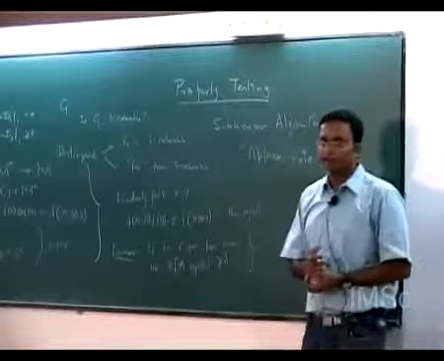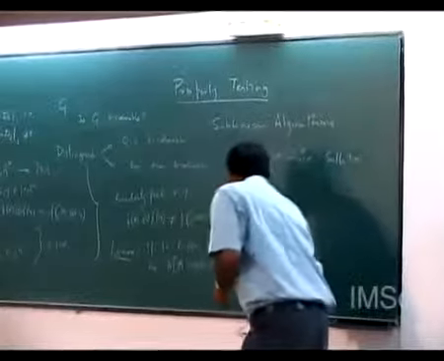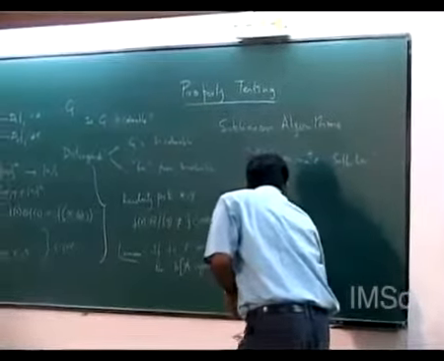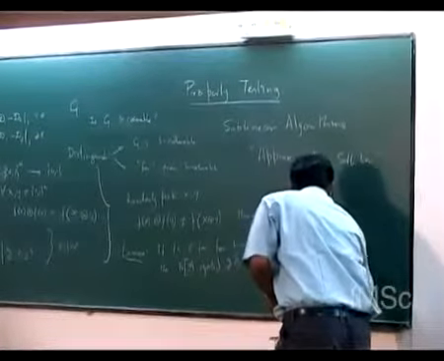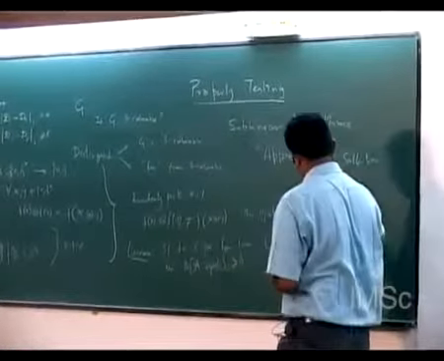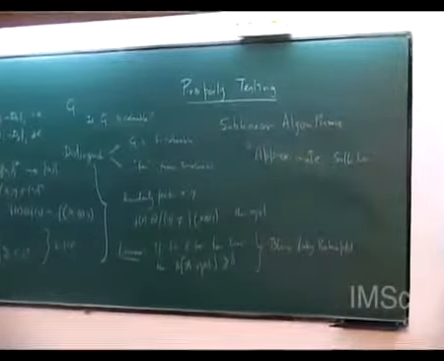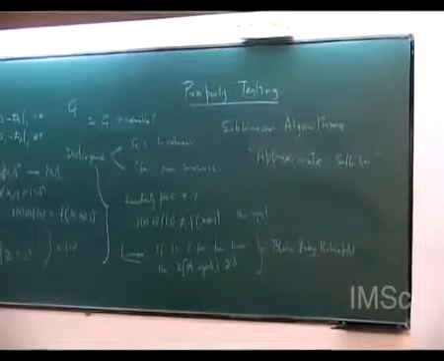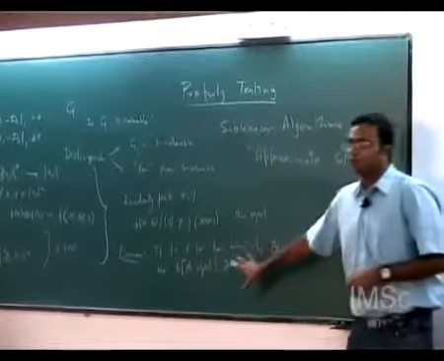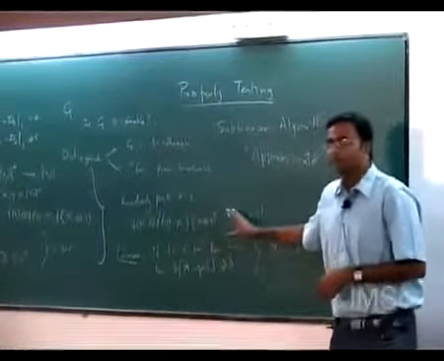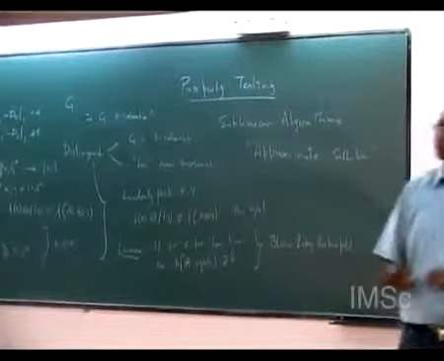If you are familiar with Fourier analysis, you can take a look at this paper by Blum, Luby, Rubinfeld, BLR. So the algorithm is obvious, but proving this theorem is not obvious.